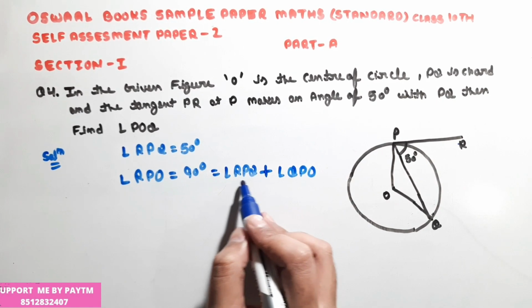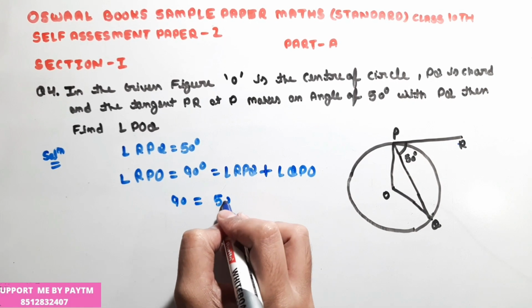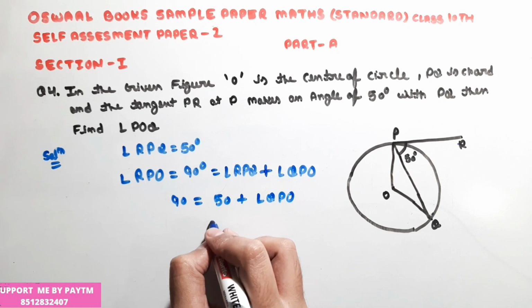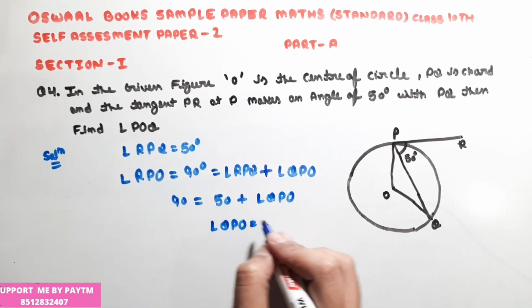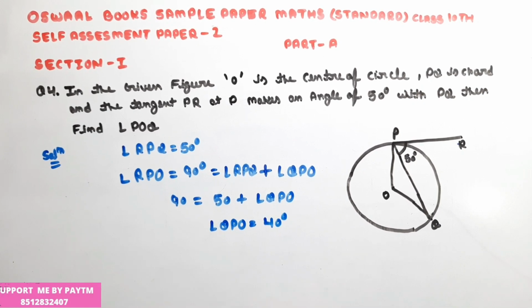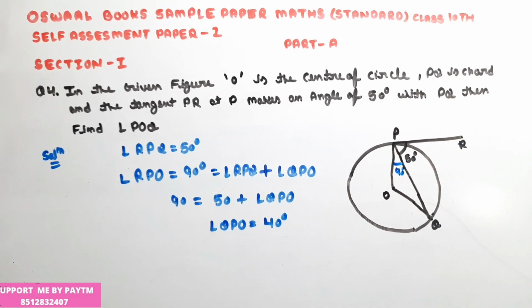We have RPQ 50 degree, so 90 equals 50 plus angle QPO. So from here angle QPO will be equal to 90 minus 50, that is 40 degree. So this angle is 40 degree.